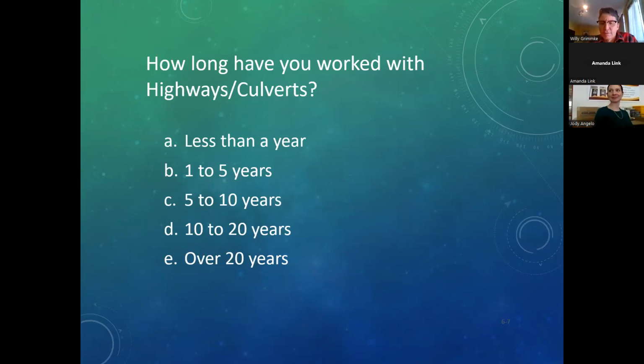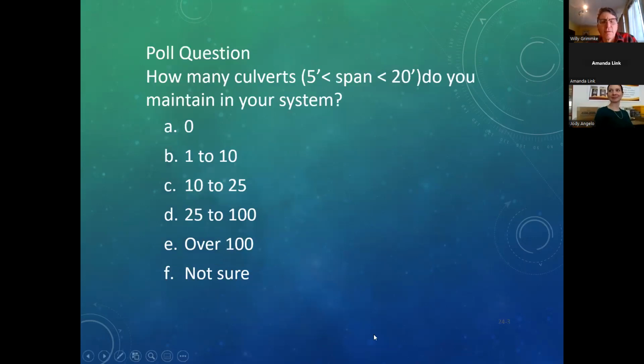So next question: how many culverts in the 5 to 20 foot span do you have in your system? None, 1 to 10, 10 to 25, 25 to 100, over 100, or I have no clue.